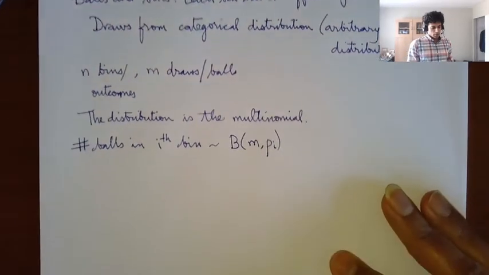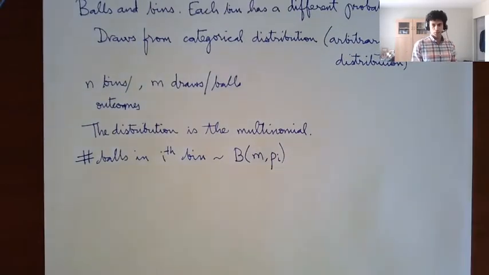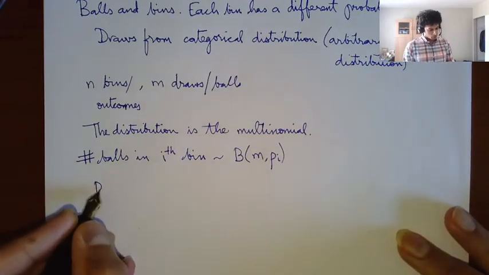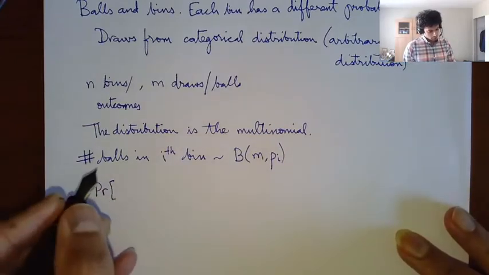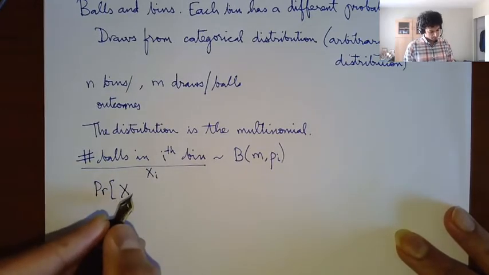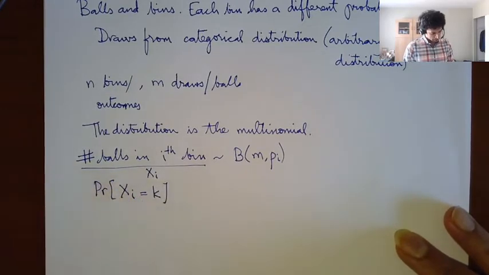Now, I think it's useful to just recount the Poisson distribution and where the Poisson appears. So let me refer to this random variable as xi. So what is the probability that xi is equal to k?